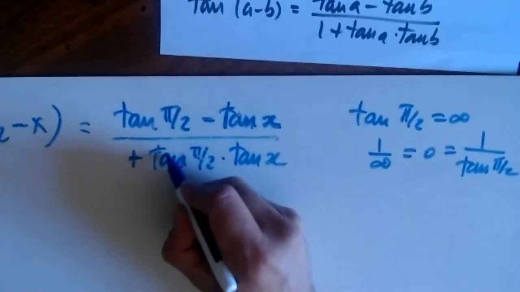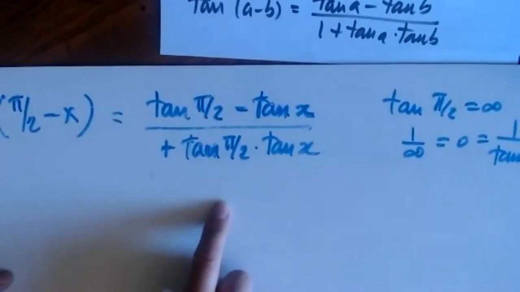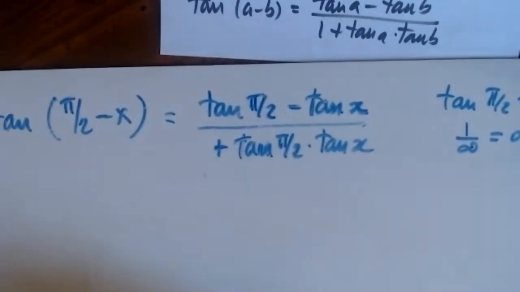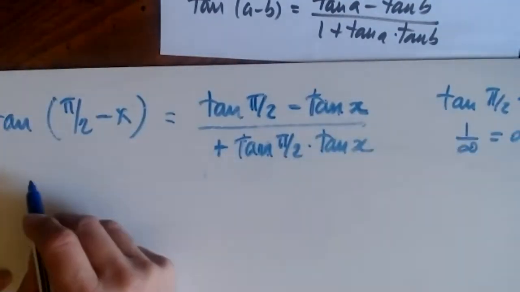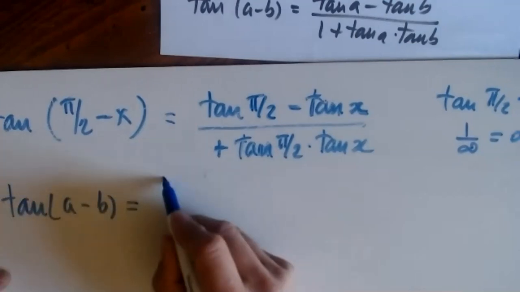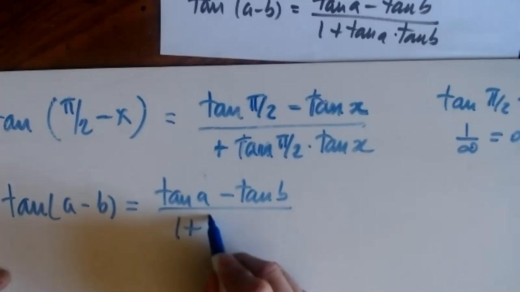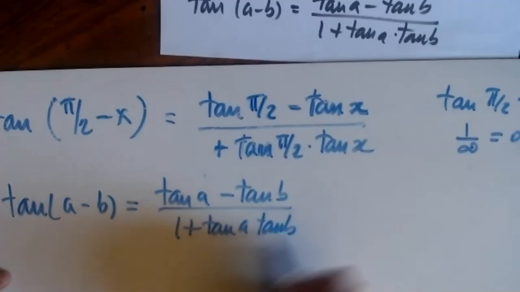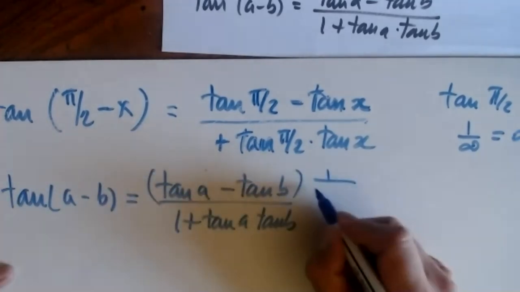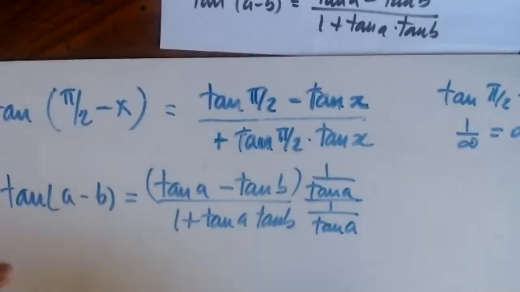So how do you switch this one? It's going to be very simple. I'm going to assume that this is still not 0, so I'm going to use tangent of A minus B equals tangent A minus tangent B over 1 plus tangent A tangent B. I'm going to multiply the problem by 1 over tangent A over 1 over tangent A. What does this mean?